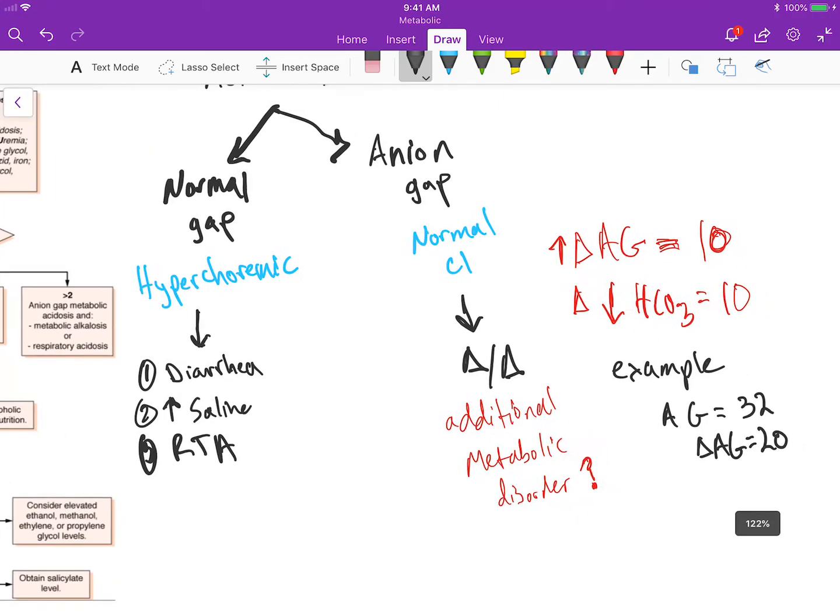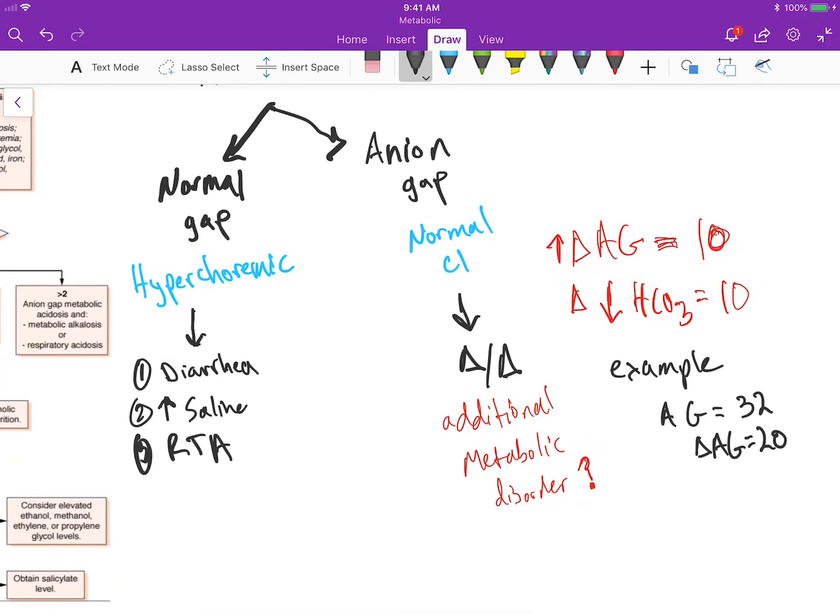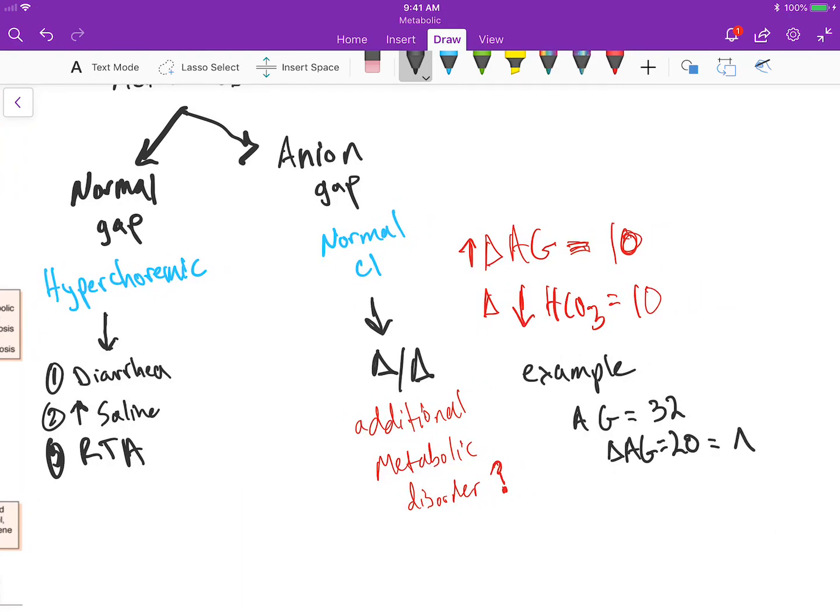That means the amount of change in bicarb should also be 20, right? Makes perfect sense. So what would this be then? If normal is 24, this would have to be 4.